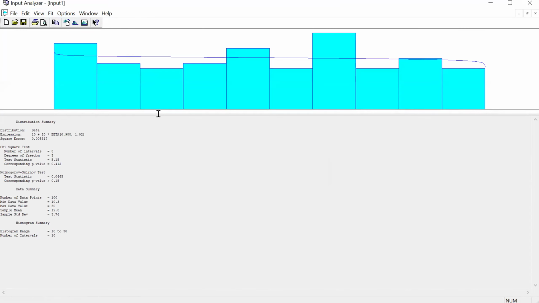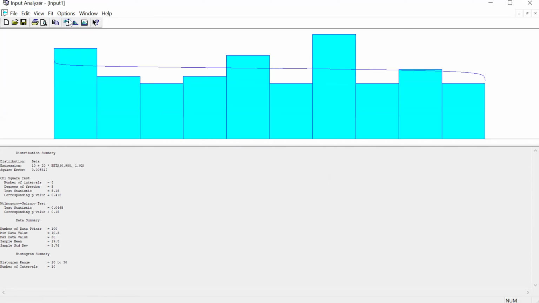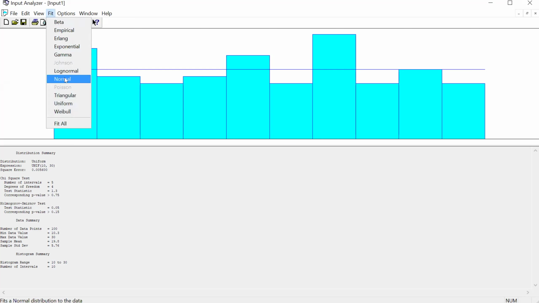Now I can go to fit the uniform. The uniform is also good, as we saw in the slides. It's not better than the beta, but it's still good. P-values are about 0.05, and we get the uniform 10 to 30. It's a good fit. What was the other one? That was the normal, I think.